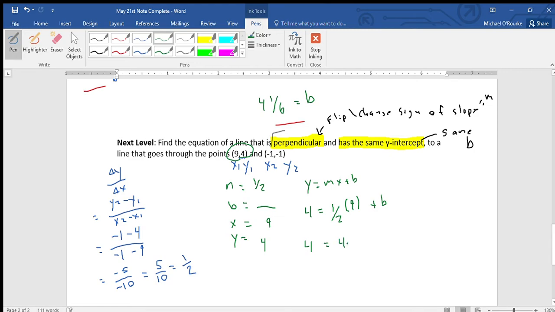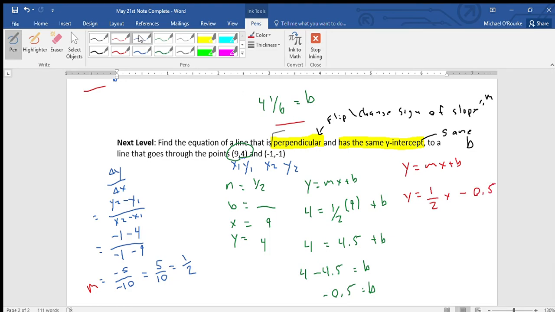Half of 9 is 4.5 plus B. So 4 minus 4.5 equals B. Negative 0.5 equals B. So now we have our M and our B. So Y equals mx plus B. Y equals half x minus 0.5. So that's the original.